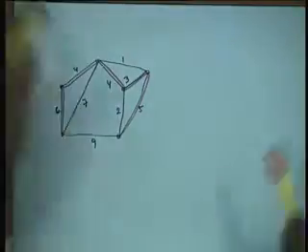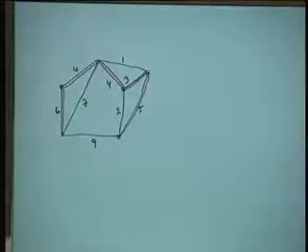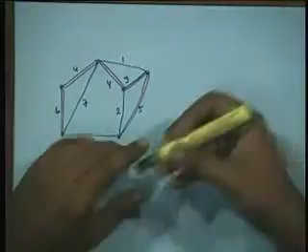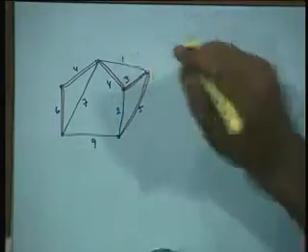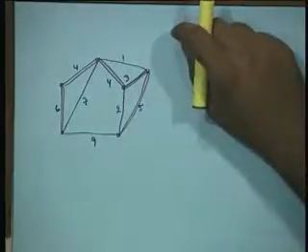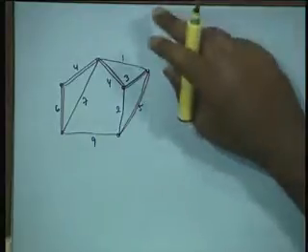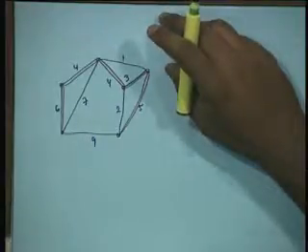Now, one way you can convince yourself that this is not the smallest possible tree is by seeing that, for instance, if I were to include this edge of length 1, then what is going to happen? Will it be a tree, or will I have a cycle?